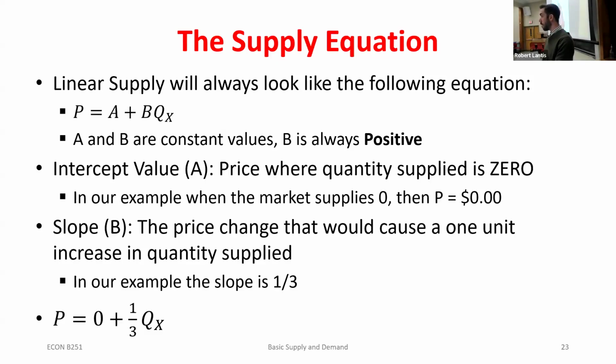If I'm multiplying this number by a larger value, it's going to get larger and larger, so my marginal costs are increasing. As I want to supply more of this good, the price I need to be able to charge has to be higher.